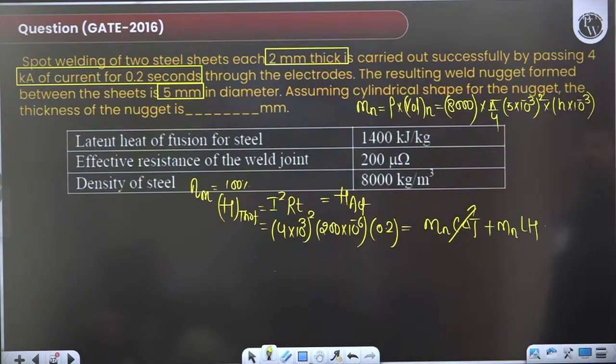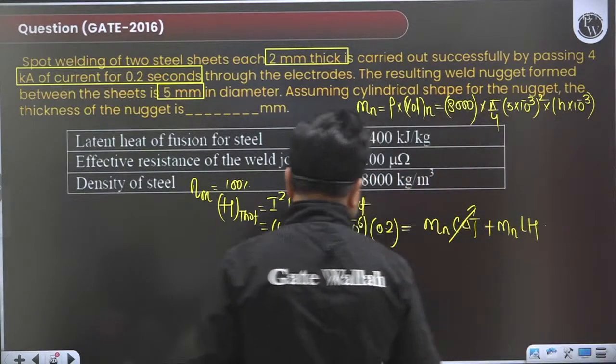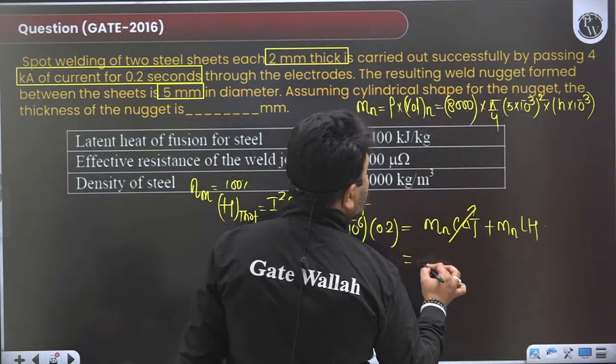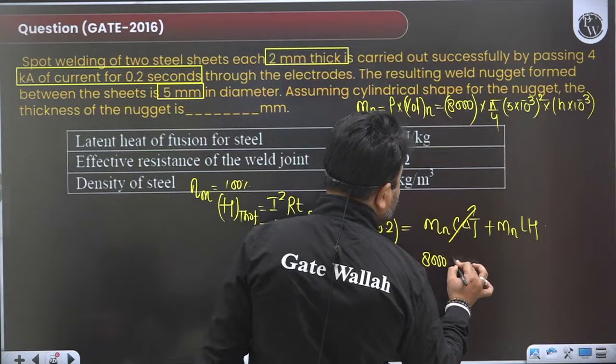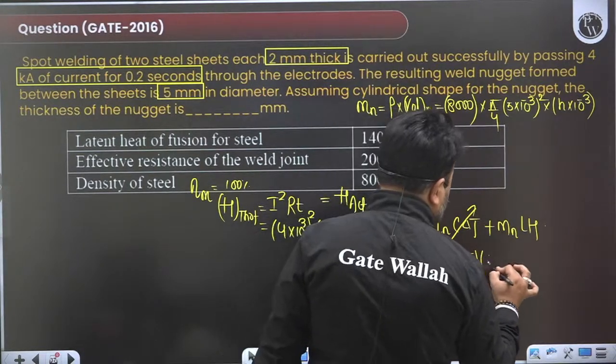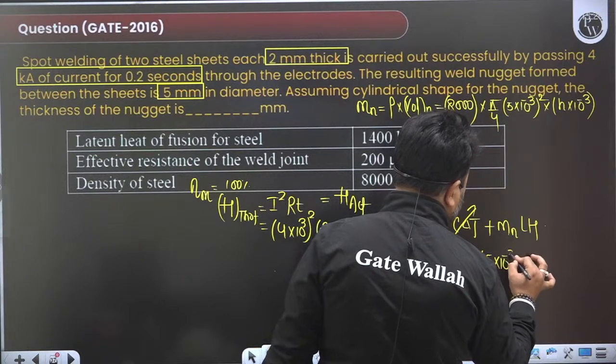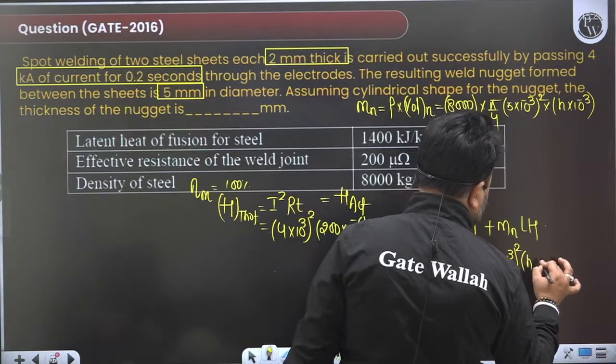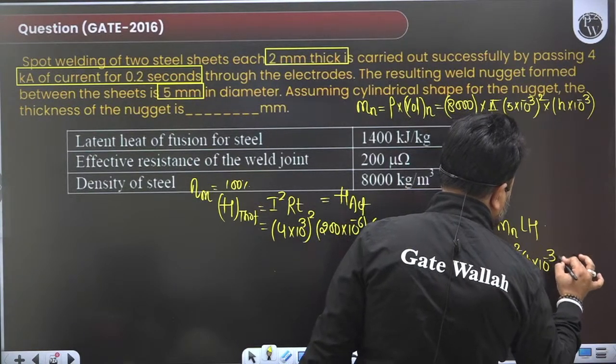Is it clear? So here we are going to put 8000 × pi/4 × (5 × 10^-3)^2 × H × 10^-3.